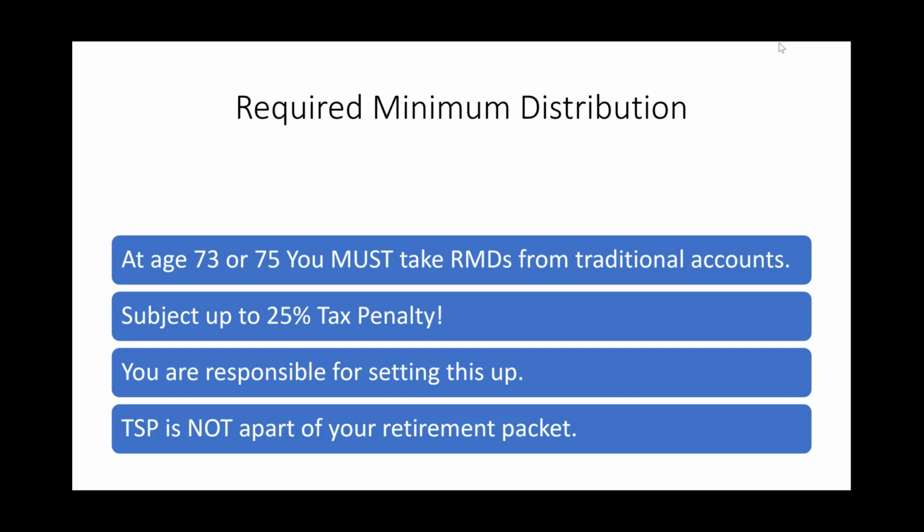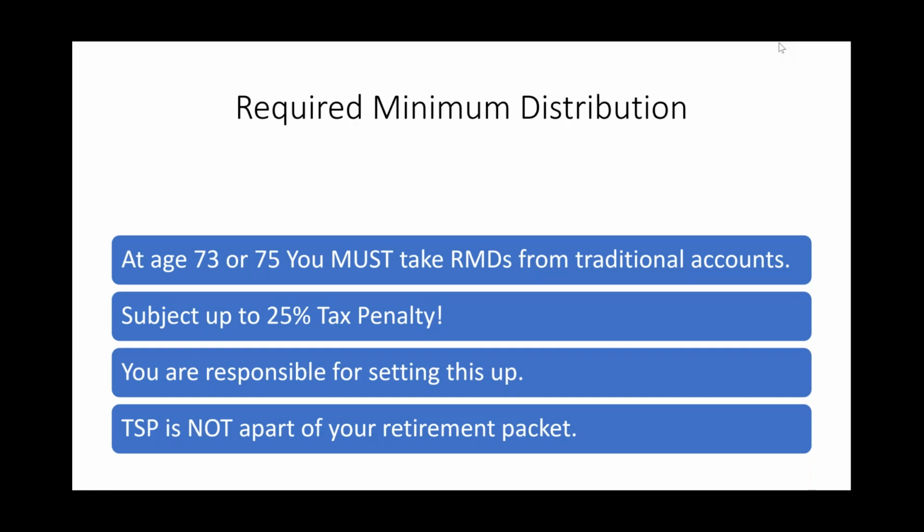Again, you may already be in RMD time, talking about the majority of you listening. The IRS is going to knock on your door, and based on the amount of traditional dollars you have, non-Roth, but traditional, they're going to add all that up. Now, that could be in multiple accounts. Maybe you worked in the private sector and you have an old 401k that's traditional money, or maybe you rolled over something to a traditional IRA, and then you have this traditional TSP.